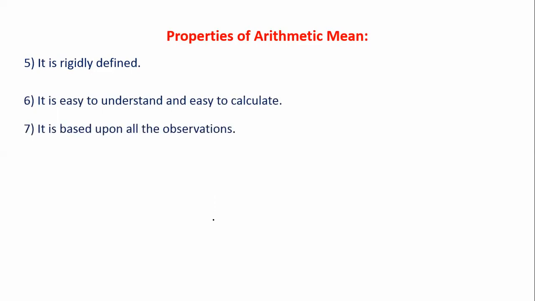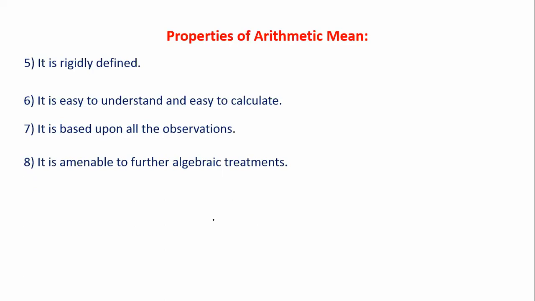Yes, it is based upon all the observations. Even if you are taking some observation different by mistake, definitely our arithmetic mean is going to change. The reason is that in the formula, every observation is taken care of. It is amenable to further algebraic treatments.